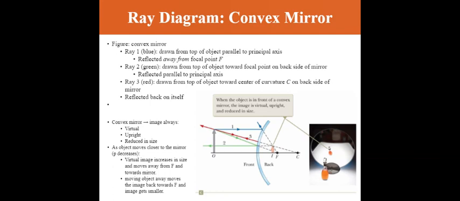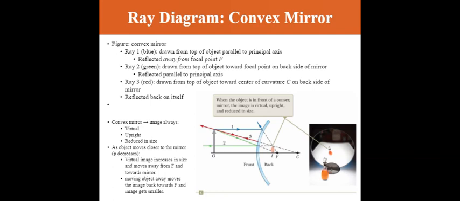And also, because the object is on the other side of the focal point, all images formed by a convex mirror are on the other side of the mirror. So all images are virtual, they're always going to be upright, and generally they're going to be smaller than the actual object.